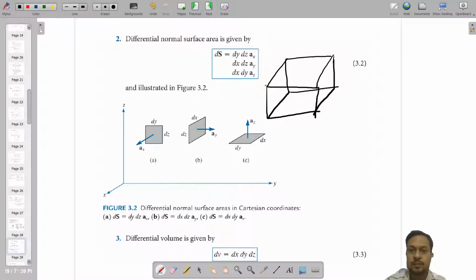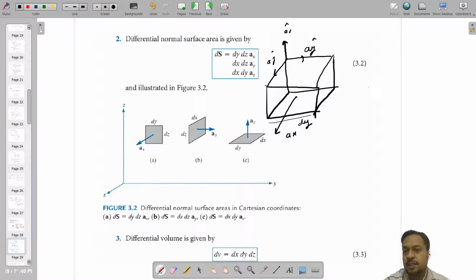If we consider this point, then the unit vector az is in this direction, and the other unit vectors are in these directions. So according to these three unit vectors, we have three planes. The first plane, which is coming out of the surface of this screen, is for ax, and for ax we have two variables, the length dy.